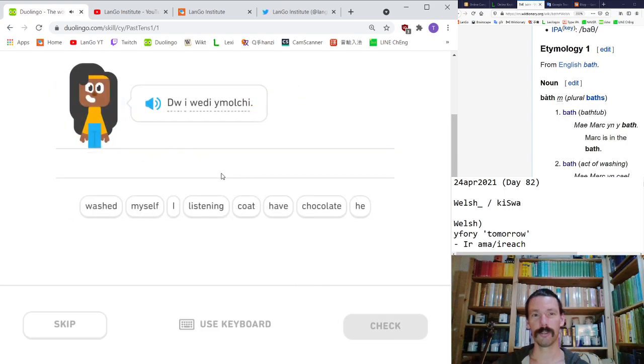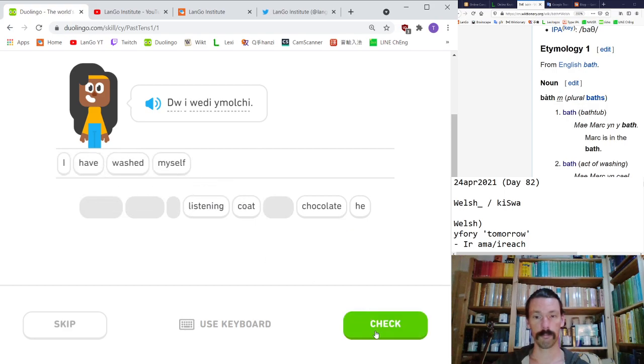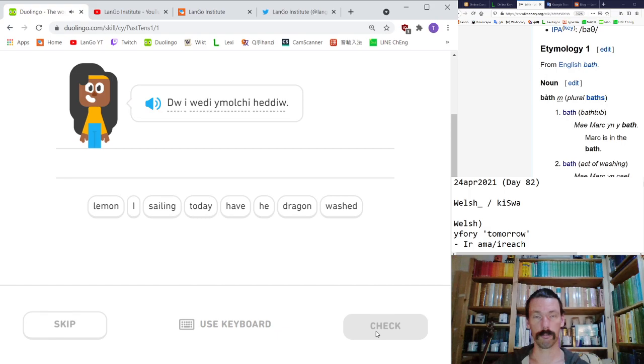Dwi wedi ymolchi. That was washed. I have self-washed. Dwi wedi ymolchi heddiw. I have washed myself today.